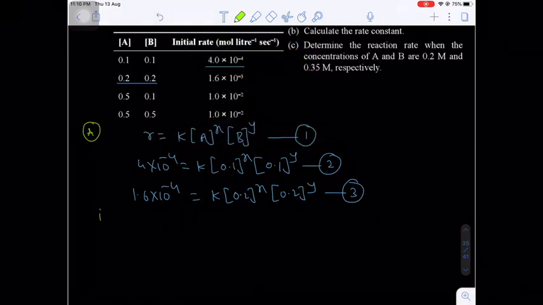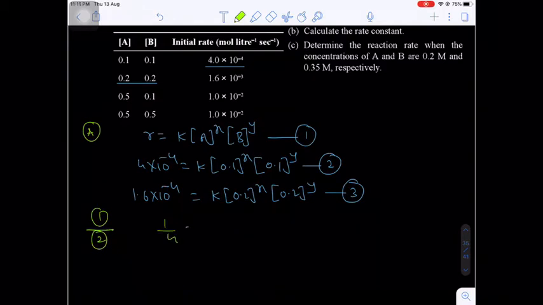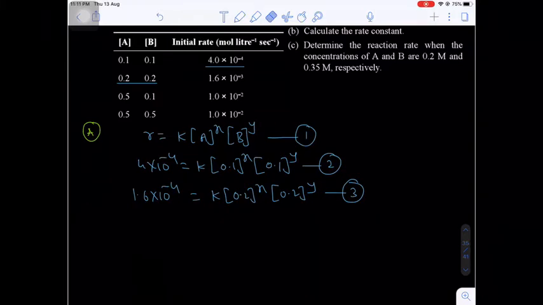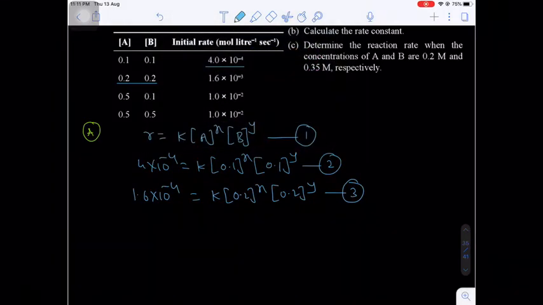First of all, what I am doing here is equation 1 divided by equation 2. So you will finally get 1 by 4, which is equal to, K gets cancelled, 0.1 times 0.1. So take one more example, one more equation, because there are two unknowns, so at least we require two equations to solve for the x and y values.